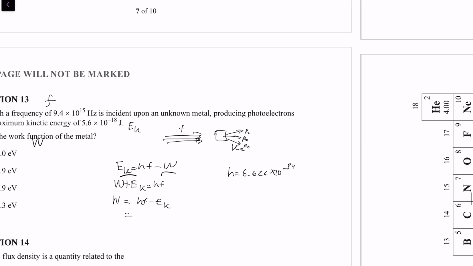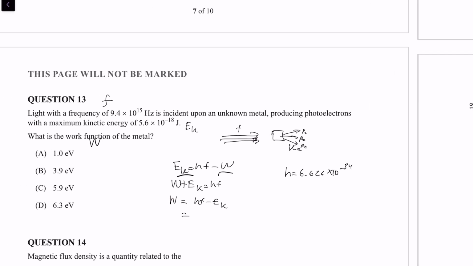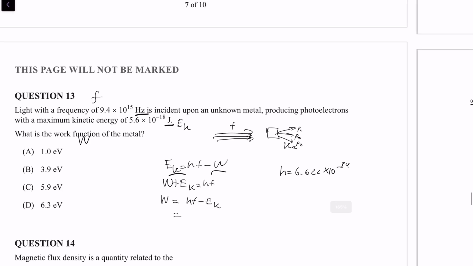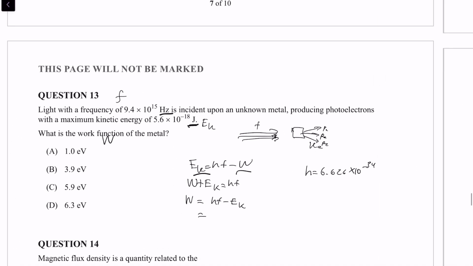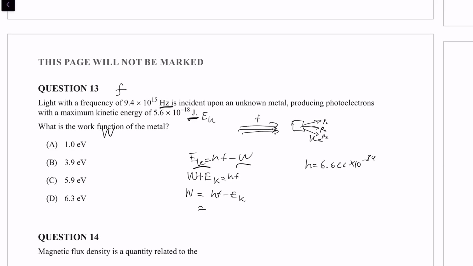Alright, and making sure I'm all in SI units, joules, hertz. That's not necessarily in joules, sorry. It's a complex unit, but I don't really need to know. As long as these are SI units, then I'm all good. And I know my work function is going to be in eV for these multiple choice options, so I need to keep that in mind as well.